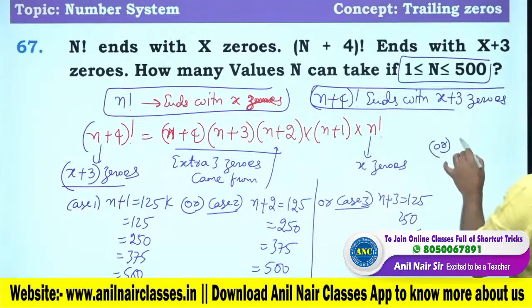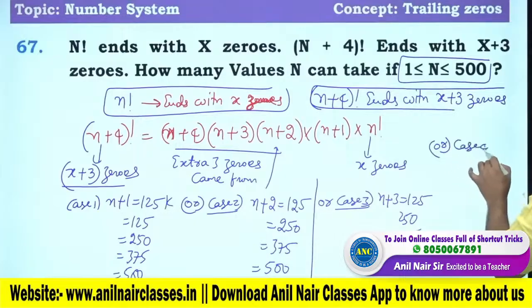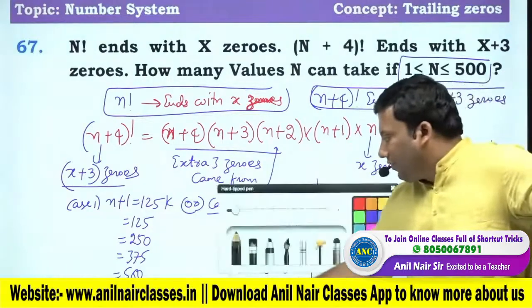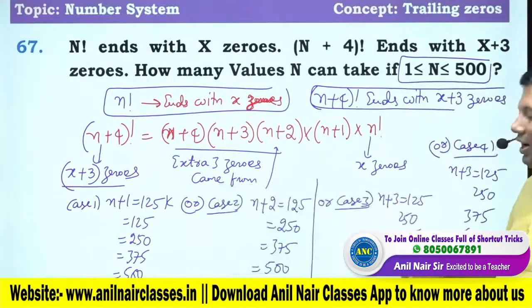Case 4 is n plus 4 can take 125, 250, 375 and 500. I hope the idea is clear.